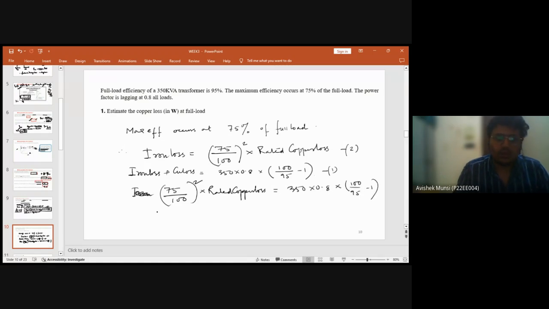If we solve it using a calculator, we'll get the rated copper loss.